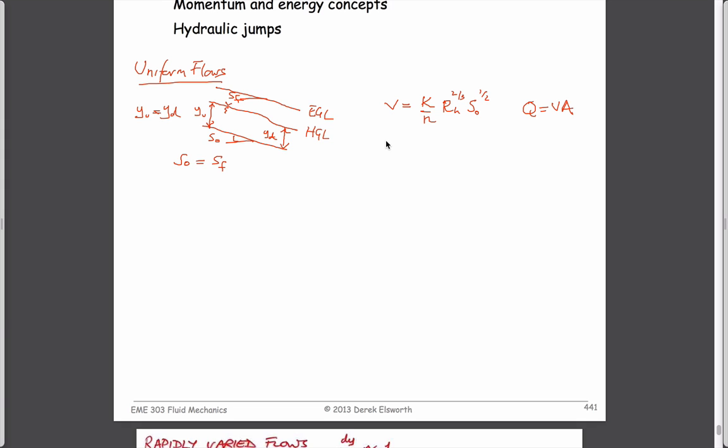We can define some channel sections which are optimal, which give the least resistance because they're basically maximizing the hydraulic radius, I guess, and also for where this is just the section, and I guess also for a circular section where this height y is equal to the actual radius of this.